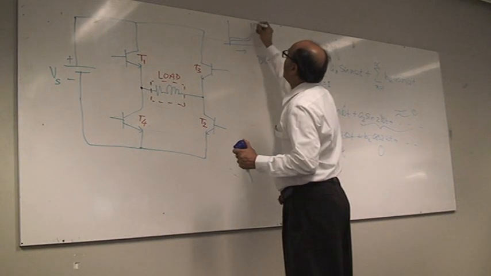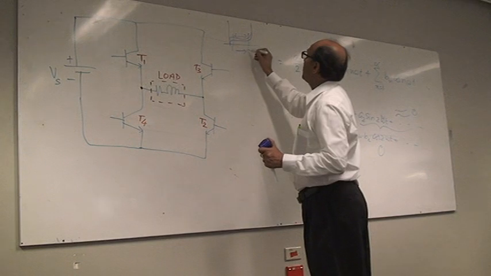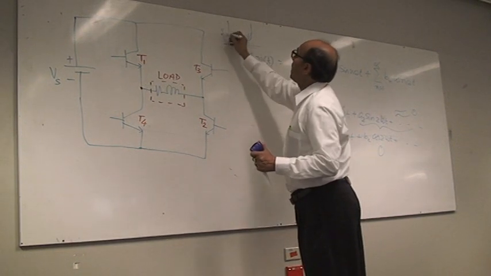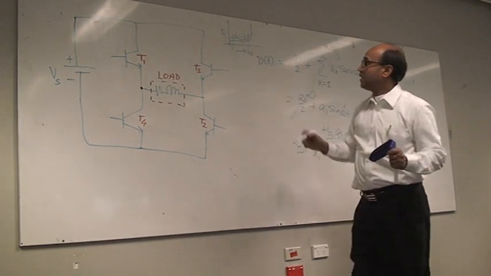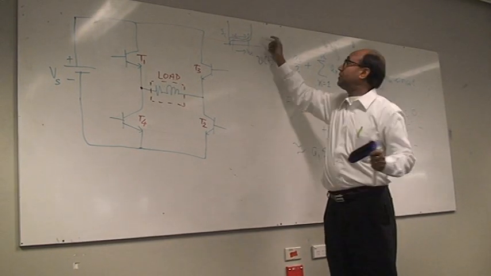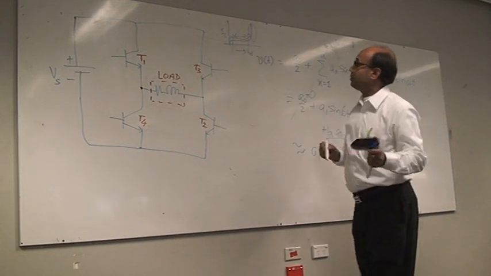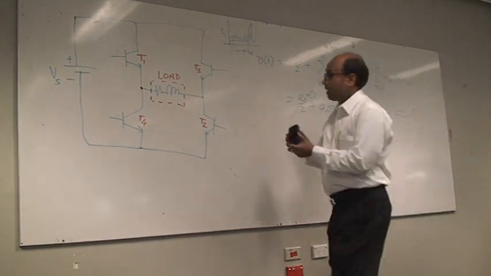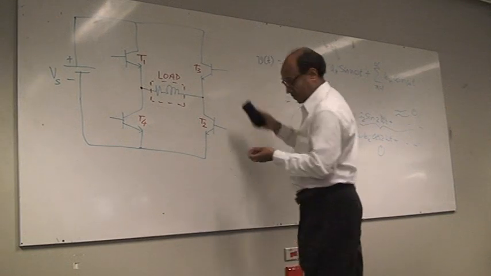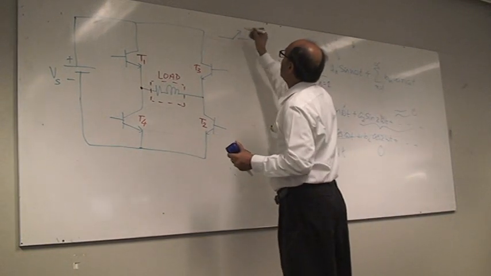This region is called the active region, where VCE is variable, so there is a lot of voltage drop across the transistor. This region is cut off, this region saturation, and this region cut off. So ideally a transistor behaves like a switch.